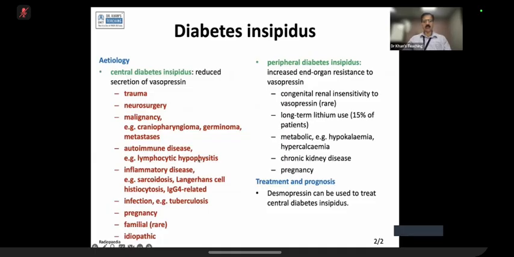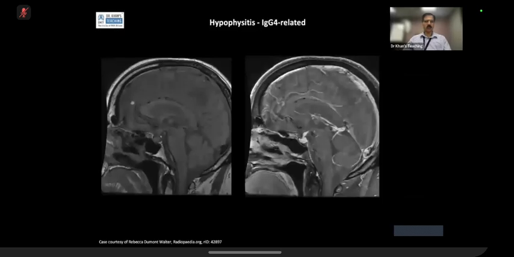Key point, exam point, is look for the bright spot. If the bright spot is absent, look for some other etiology. So always ask for, key exam point, pre-contrast T1 weighted sequence. Otherwise, you are not going to reach that diagnosis.